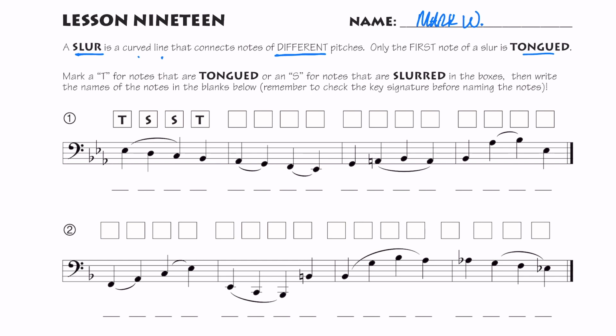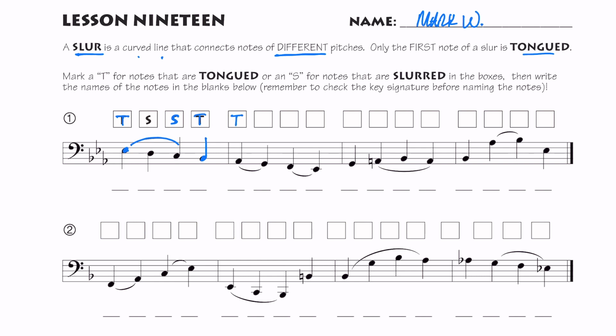On a wind instrument, whenever I have a note that starts a slur, the first note is tongued, but the notes under the curved line or at the end of the curved line are slurred. So I have an S for slur. If a note stands by itself and does not have a curved line, it is tongued. So I'm just writing the T for tongue, S for slur.